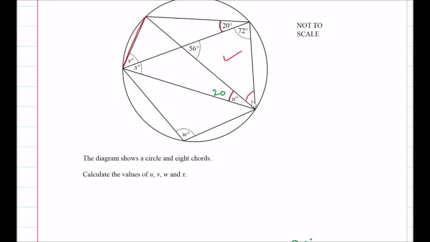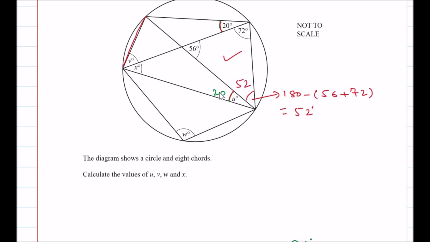The third angle can be found by 180 minus 56 plus 72, and that gives us 52 degree. So this is 52 degree. Okay.